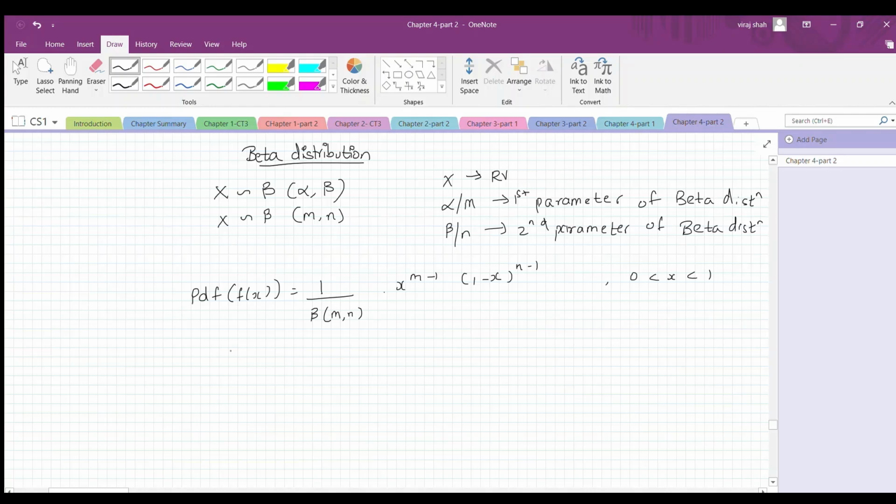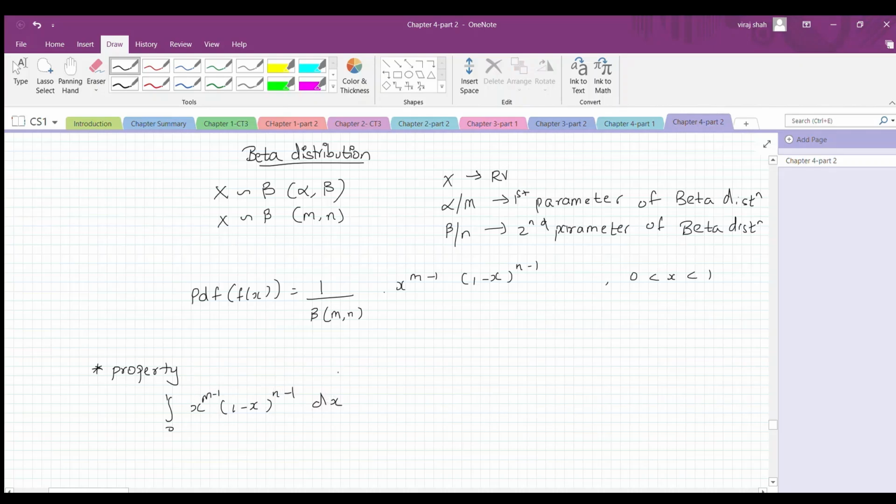So yeah, there is one property which would be used in the mean and the variance, like in the gamma distribution. So what is that property? The property is that the integration from 0 to 1 of x raised to m minus 1, 1 minus x raised to n minus 1 dx, right?